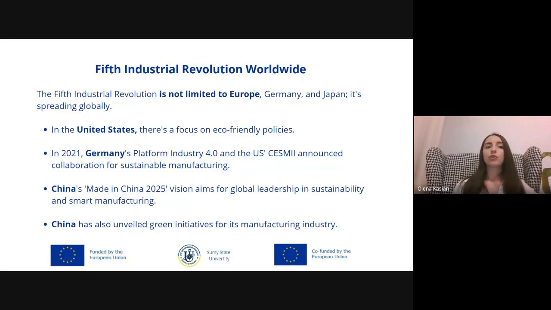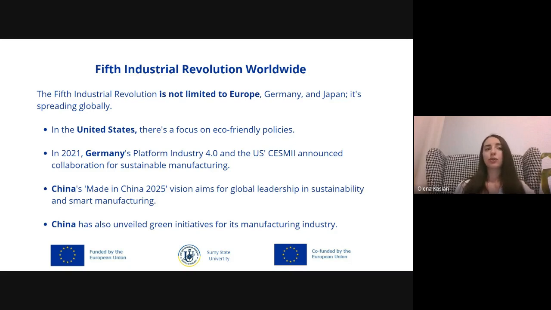The US is turning toward environmentally friendly policies, and in 2021, Germany's platform Industrie 4.0 and the US counterpart CESMII, the Clean Energy Smart Manufacturing Innovation Institute, announced their collaboration in areas such as sustainable manufacturing to respond to environmental and climate change.